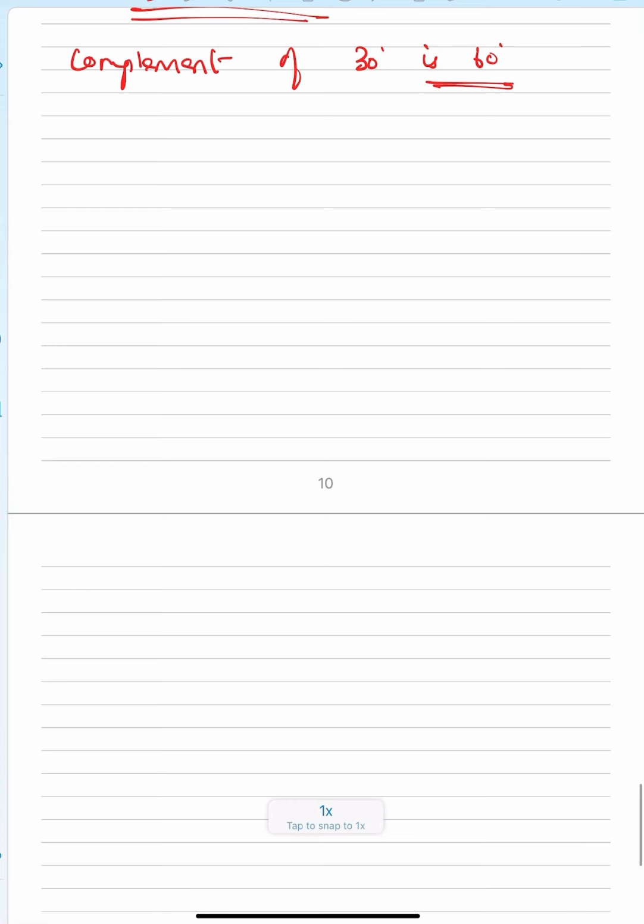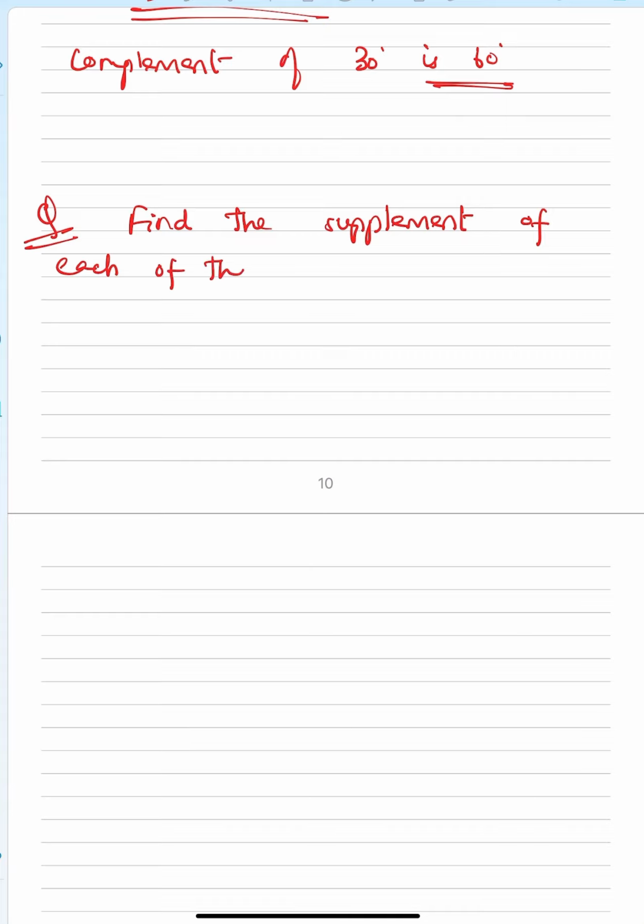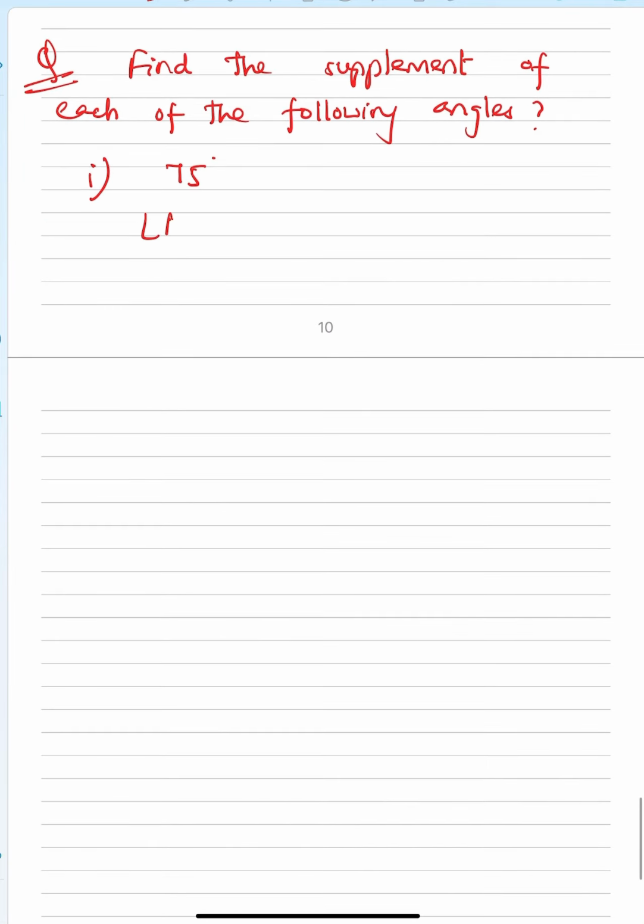Similarly, if the question asked to us is to find the supplement of each of the following angles, then what will you do? Let me say one angle given to us is 75 degrees. Let us name this as angle A equals 75. Supplementary means we need to find angle B here. Angle A plus angle B should be 180 degrees.